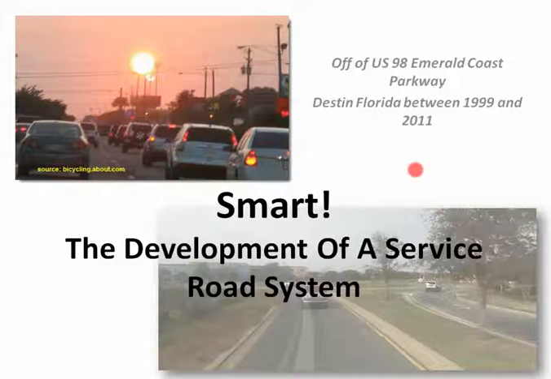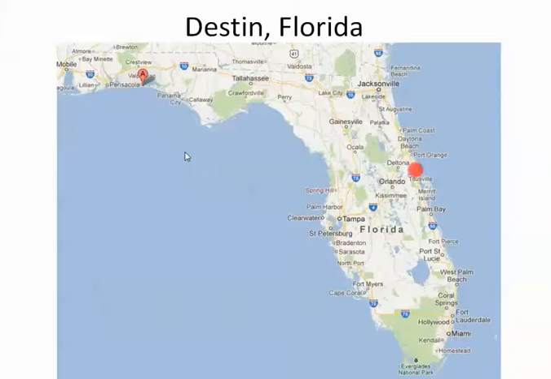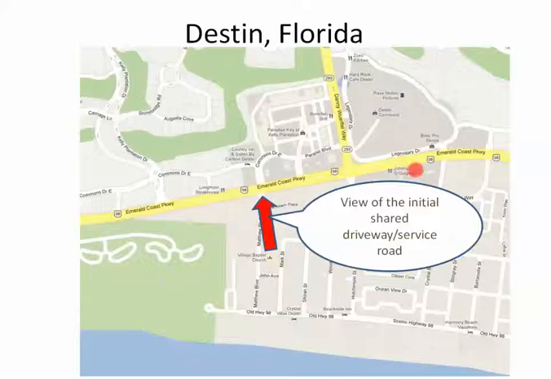So back in 1996, we did a series of training sessions along US 98, trying to encourage good access management practices with local governments. And I'm going to show you a series of photos that we took during this time and after.